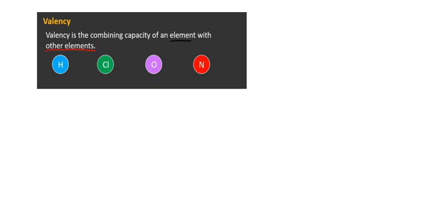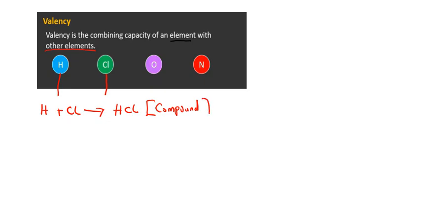Let's look at hydrogen and chlorine. When they combine, we have hydrogen chloride, or hydrochloric acid, which happens to be a compound.